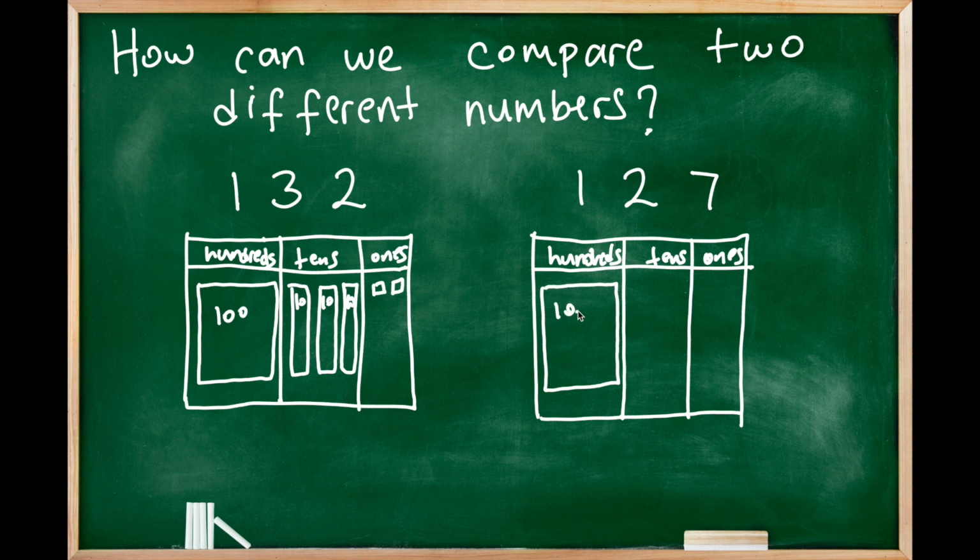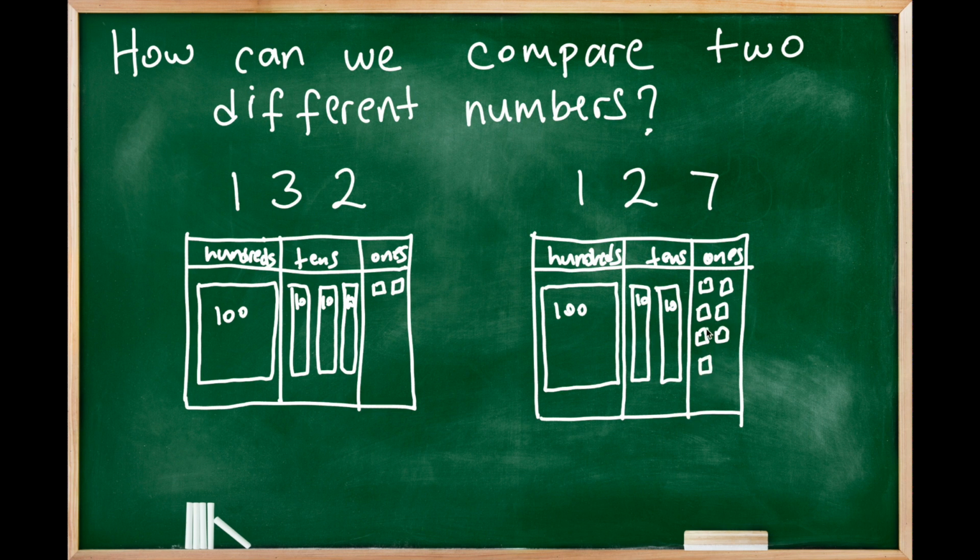It has 100 single blocks in it, and I have 2 ten rods. This represents 10 and this represents 10 as well, and then I have 7 small 1 blocks, each representing the number 1.